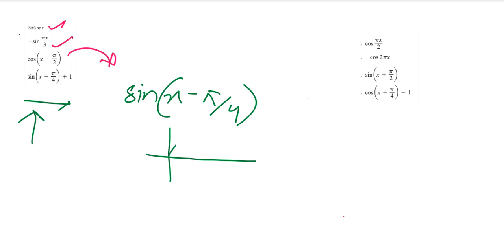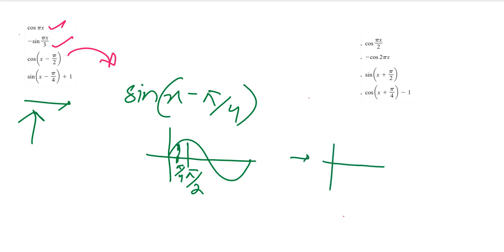And we know that in the original graph, this is the middle point, pi by 2. So over here that pi by 4 will lie. Okay, so we have to start our working from this point.